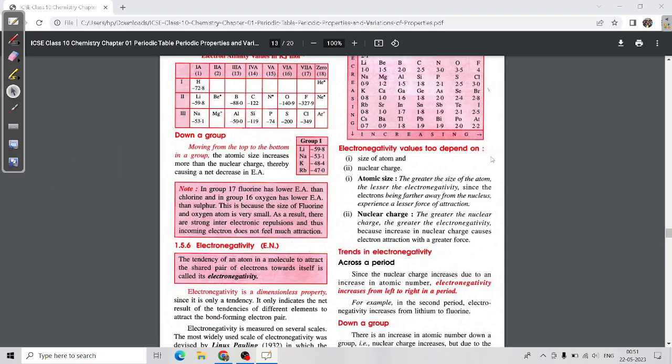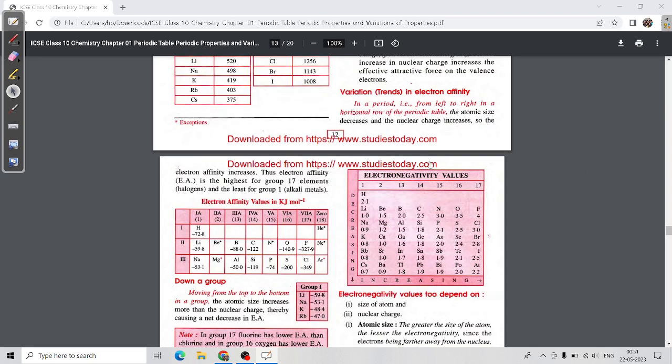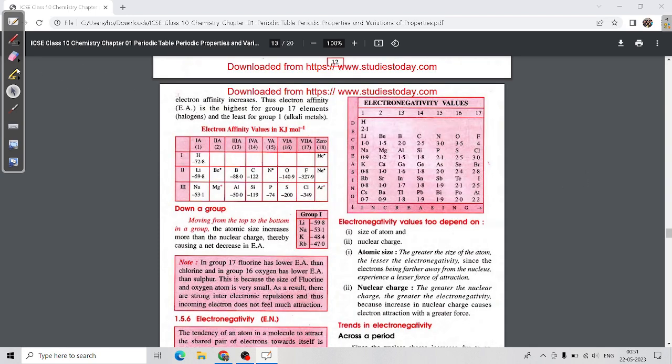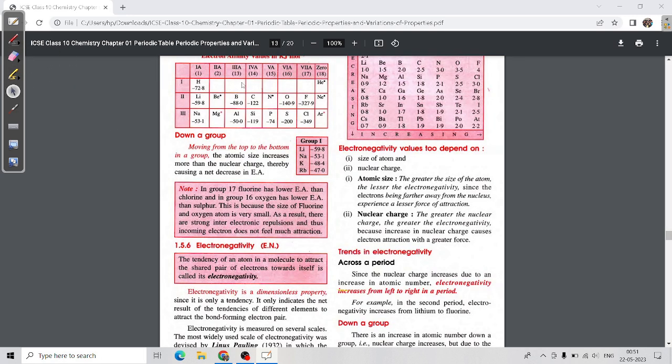Now if you check what it depends on, it depends on atomic size and nuclear charge. The greater the size of the atom, the lesser is the electronegativity, and the greater the nuclear charge, the greater the electronegativity. Same, you can say, are the factors.